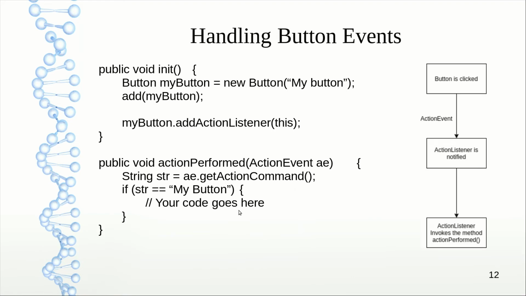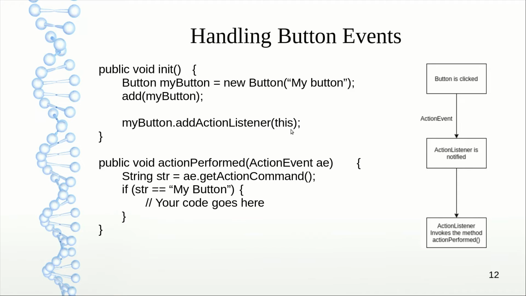Here you can see the Java implementation of the flowchart that we have seen. Note that I have created a button called myButton, and the label of the button is simply "my button", and then I add this button to the applet window. Then I add the event listener class associated with this button, and here the event listener class that I am using is simply this itself.